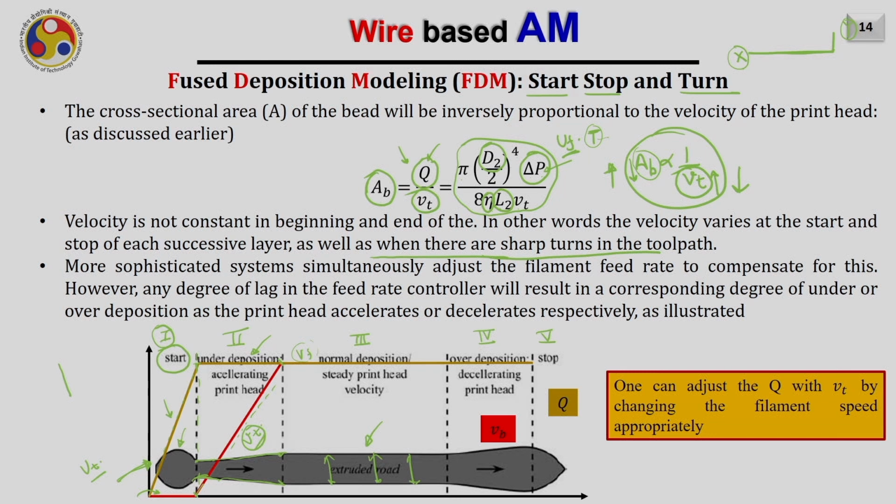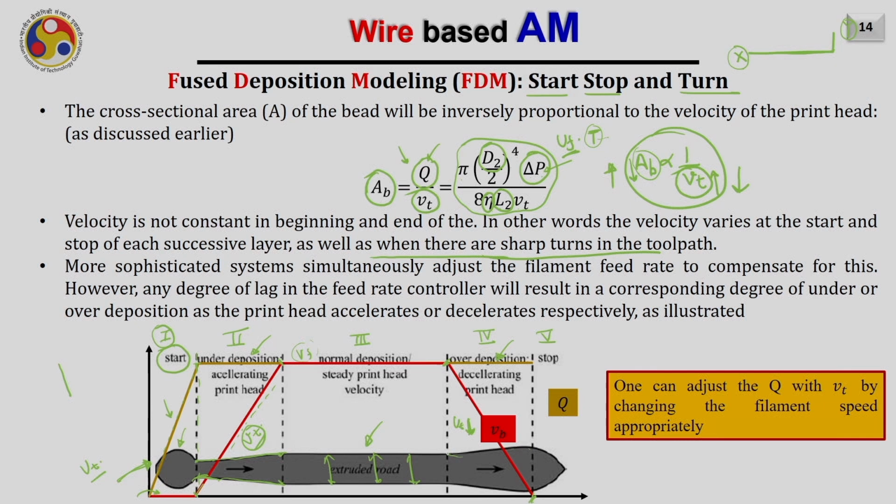What is happening during the deceleration? The head will start coming down from velocity Vt to 0, so Vt is now reducing. As it is reducing, the head is decelerating. In that case, of course, the cross sectional area of the bead will keep on increasing, because the velocity is decreasing and the material is coming out at the same rate.